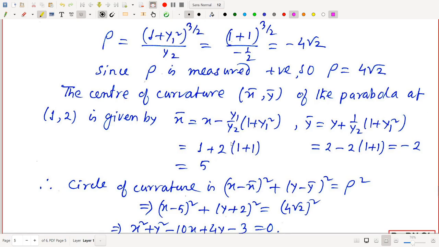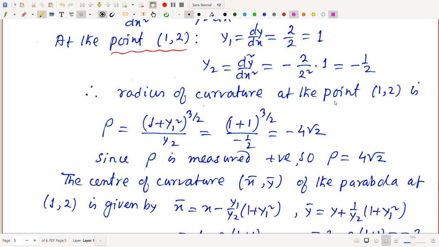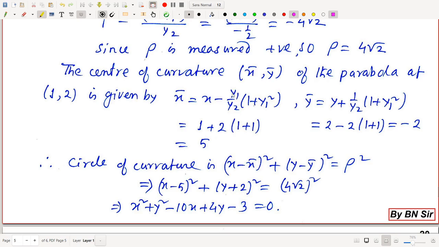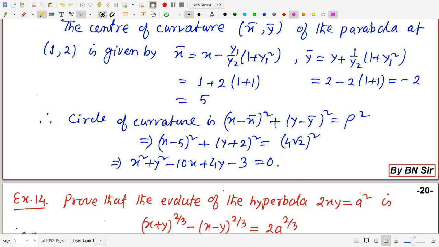With y1 = 1 and y2 = -1/2, x bar = 1 + 2(1 + 1) = 5, and y bar = 2 + (-2)(1 + 1) = 2 - 4 = -2.